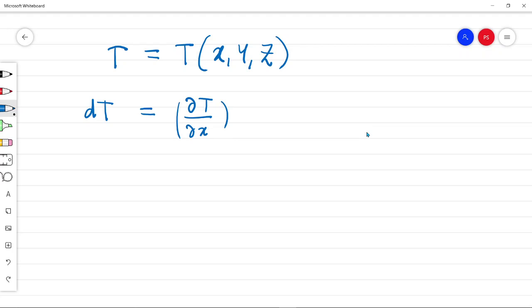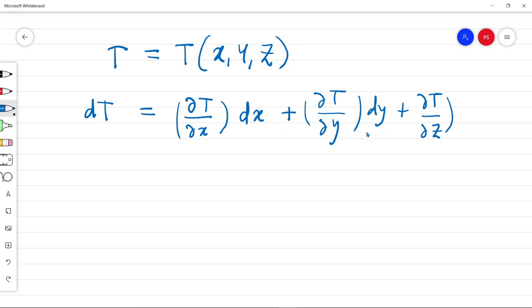Since t is a function of x, we differentiate it partially with respect to x, and then we take the derivative of x, plus dou t by dou y into dy, plus dou t by dou z into dz.